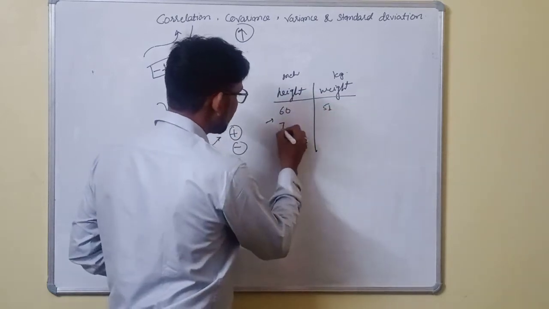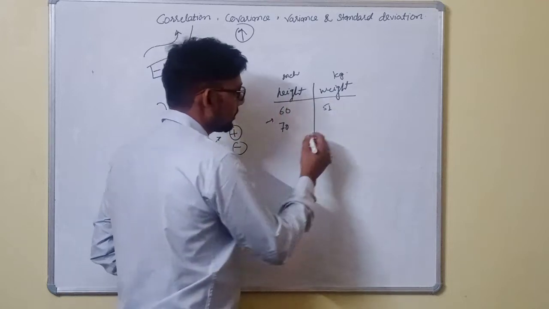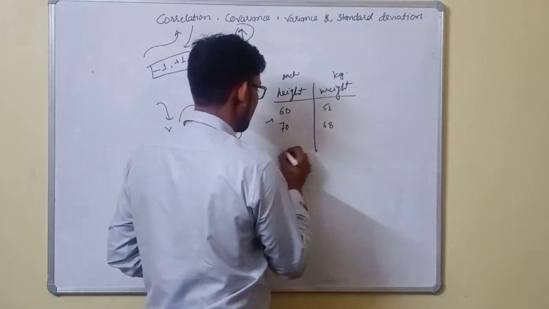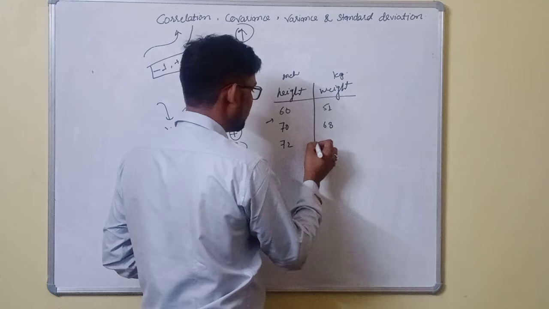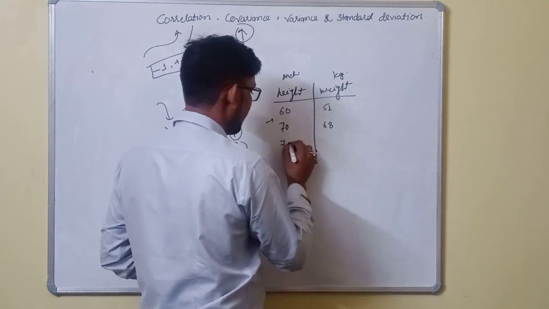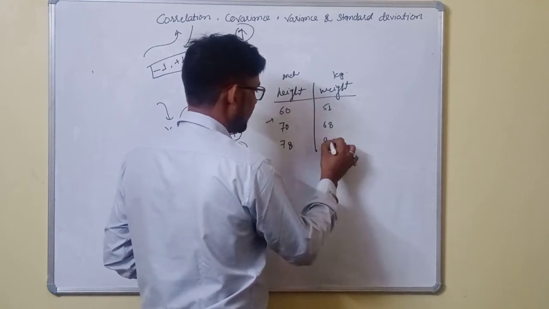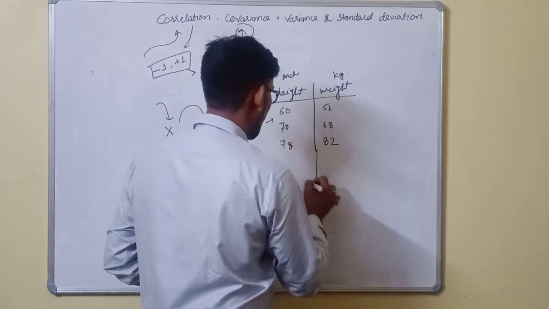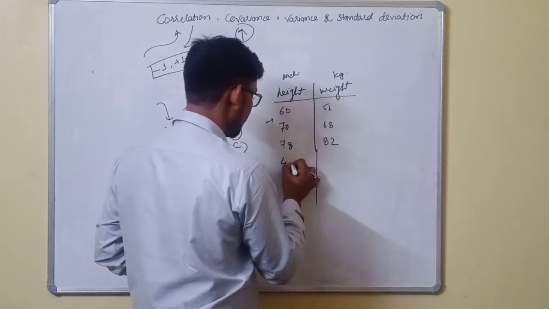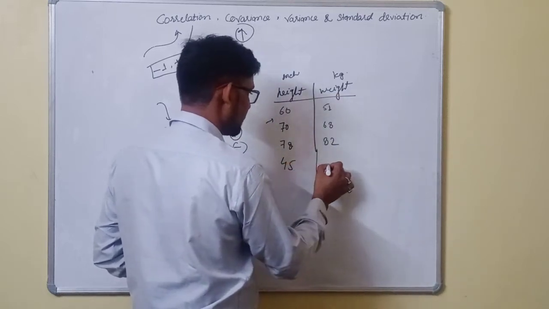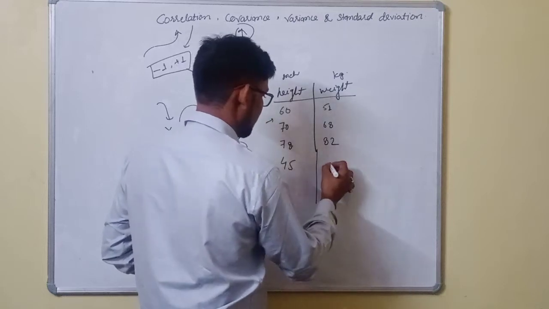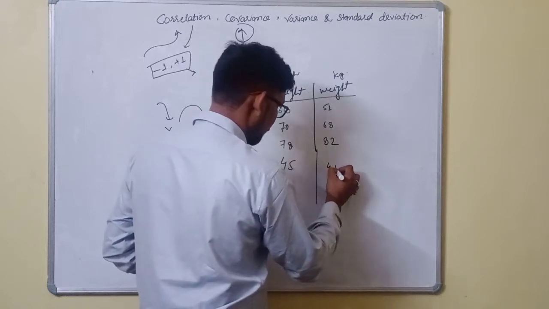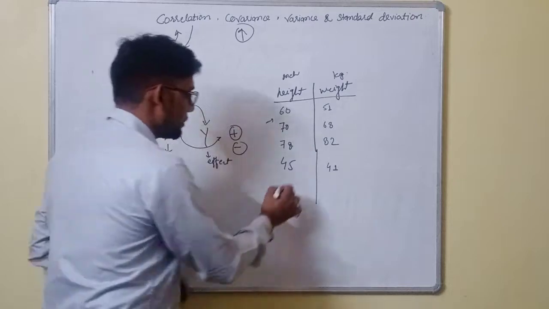The person with 70-inch height, the weight is 68. The person with 78-inch height, the weight is 82, right? The person with 45-inch height, the weight is 41 approx, right? And so on.